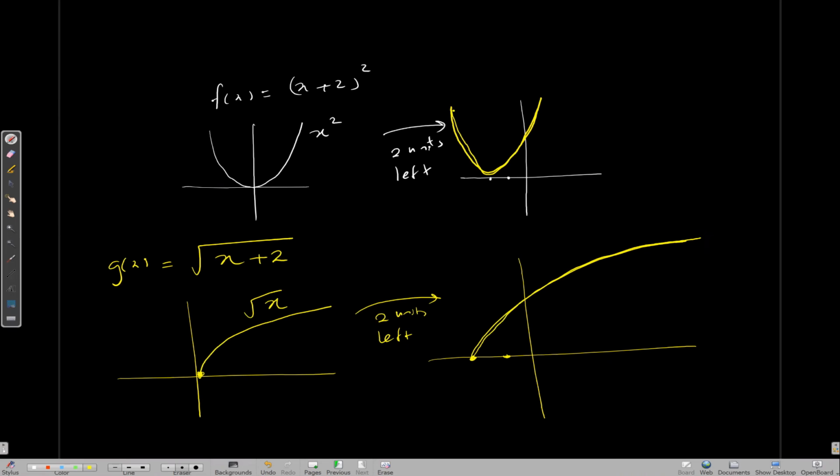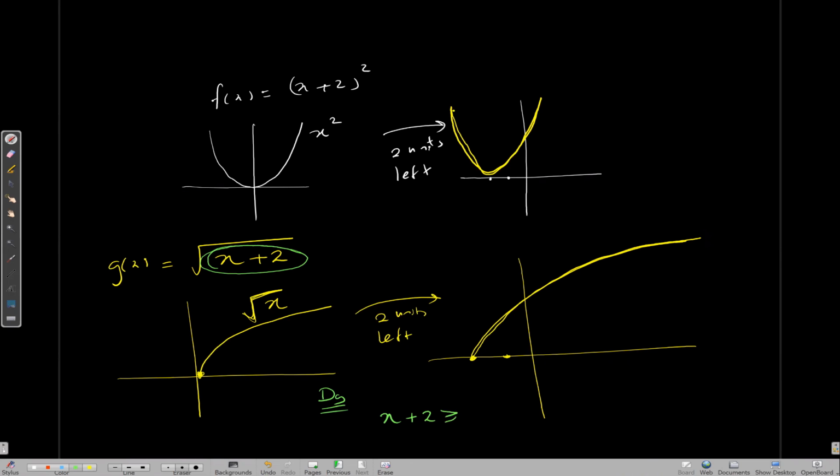Remember when we were dealing with the square root function, we told you that the domain should be positive, but here we are going to negative. Now why does this happen? Because see this function, inside the radical sign, the radicand, in order to find the domain of g, this is how we do it.